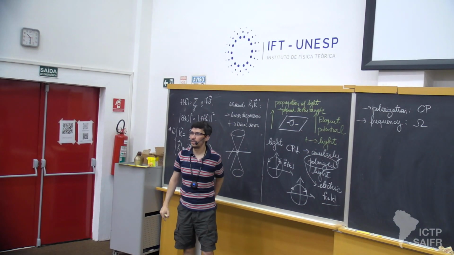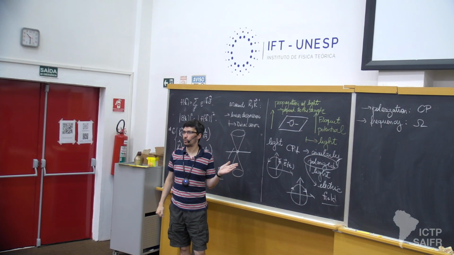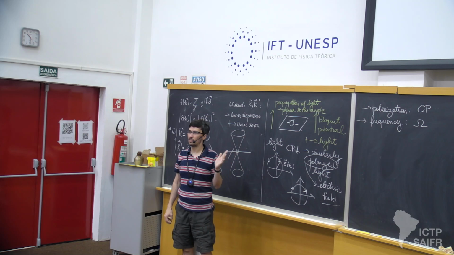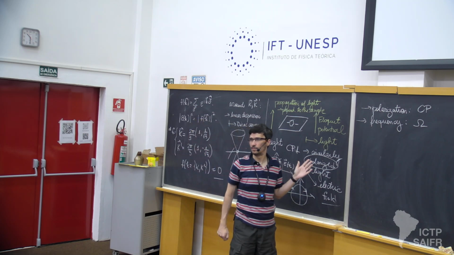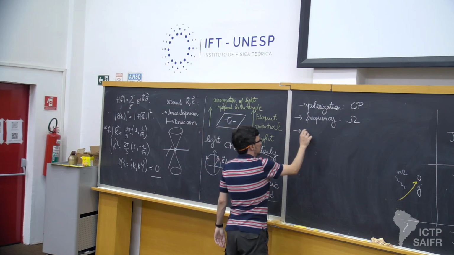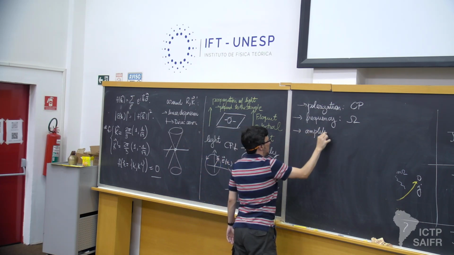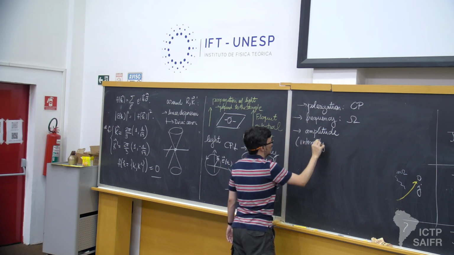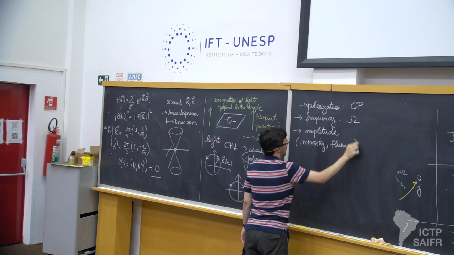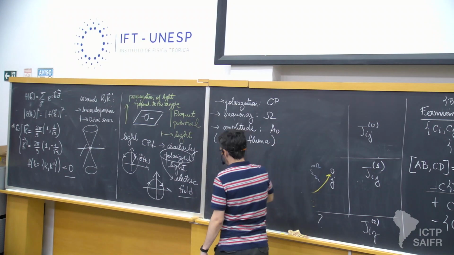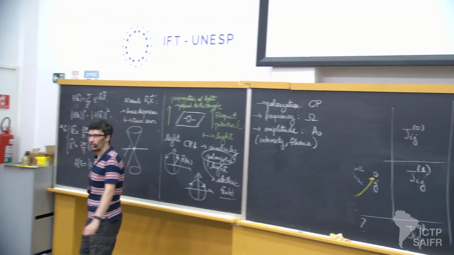Is there anything else that you would like to know about the light to do the calculations, besides omega and the polarization? What else characterizes the electromagnetic field? The amplitude, or the intensity, or some people call it the fluence. The amplitude I'm going to call A0, for reasons that will become clear in a moment.